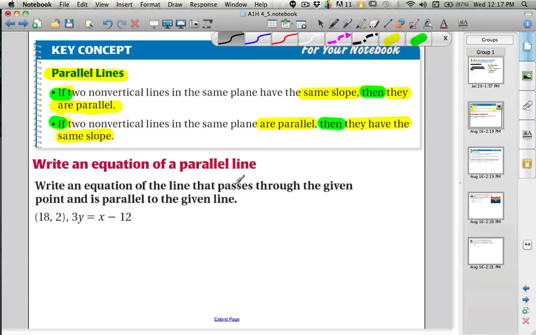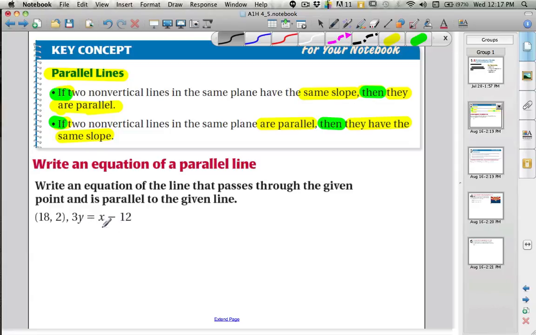So if I want to write the equation of a line that passes through a specific point and is parallel to another line, we're talking about lines that have the same slope but different y-intercepts. So probably the first thing I want to do is find the slope. This isn't in standard form, but it's kind of close.